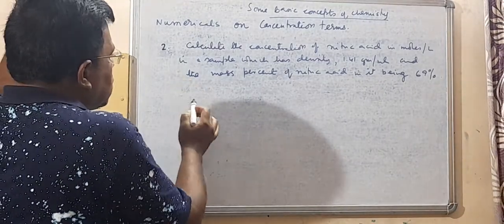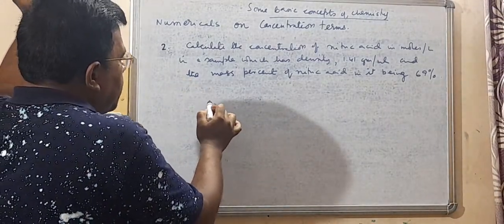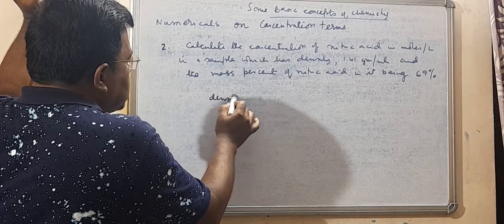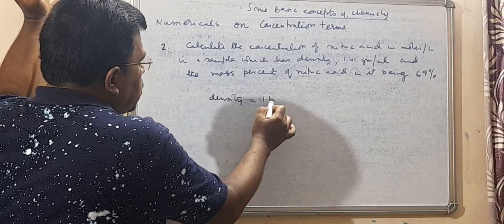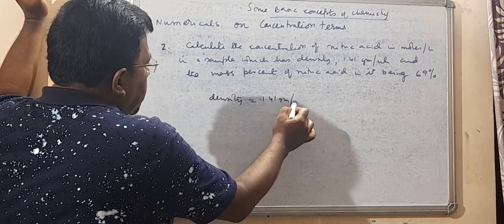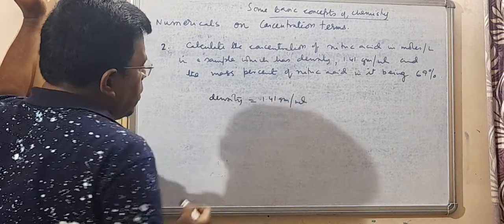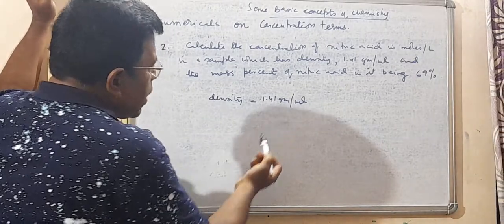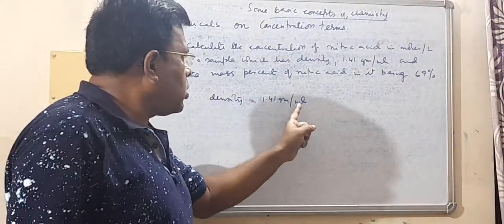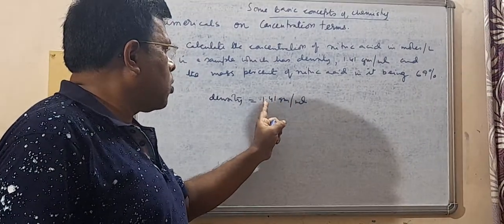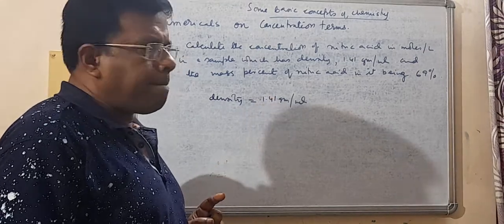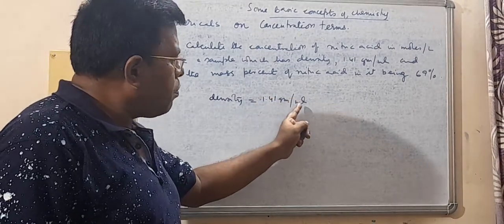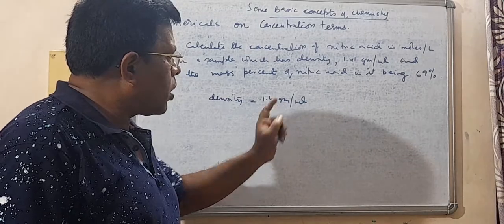So let us answer this question in this way. Since density is 1.41 gram per ml, so we can say that 1 ml solution has mass 1.41 gram. Mass of 1 ml solution will be 1.41 gram.